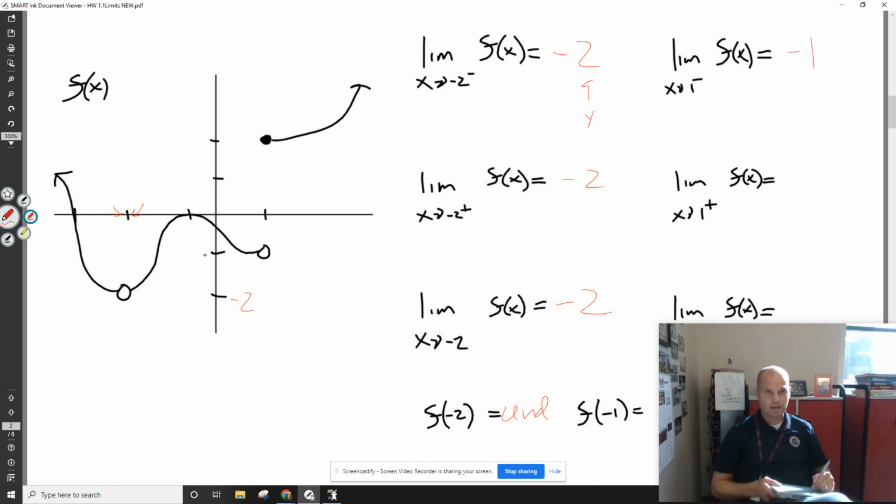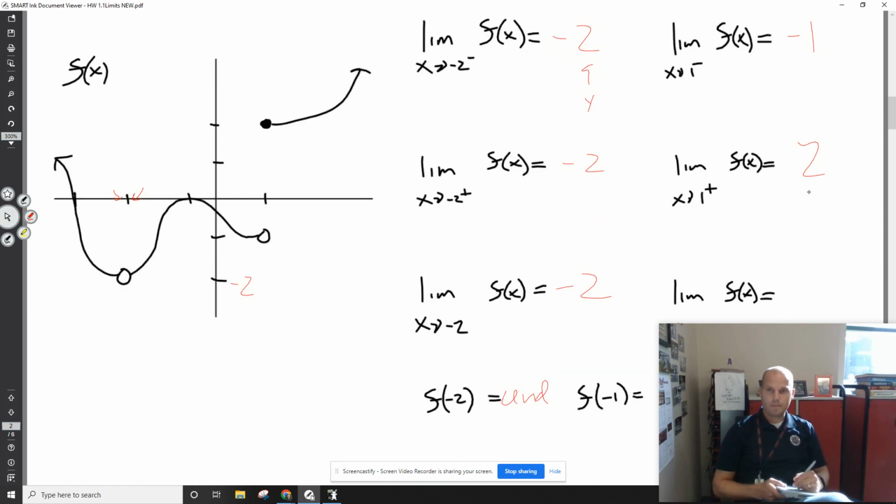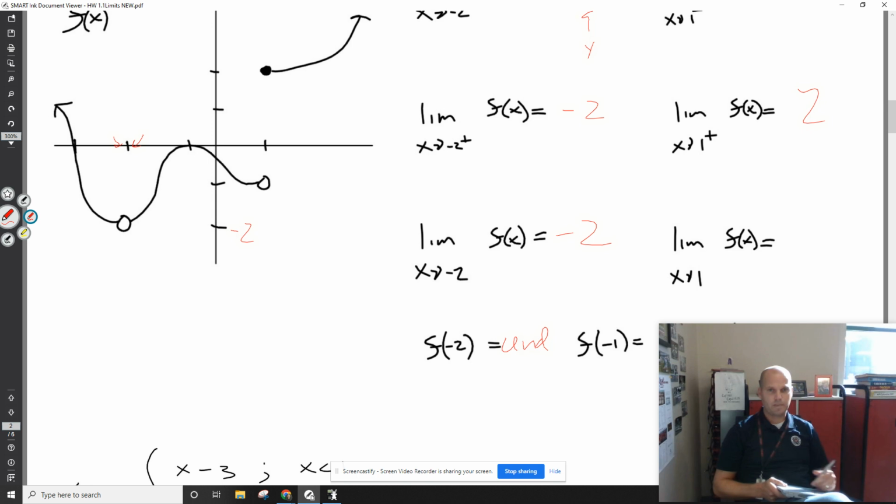That's like plugging in 0.9999999 into whatever this equation is to get this value. If I were to plug in 1.00001, I'd be up here, getting close to this y coordinate 2. The left-hand limit does not agree with the right-hand limit. That means the limit in general does not exist.